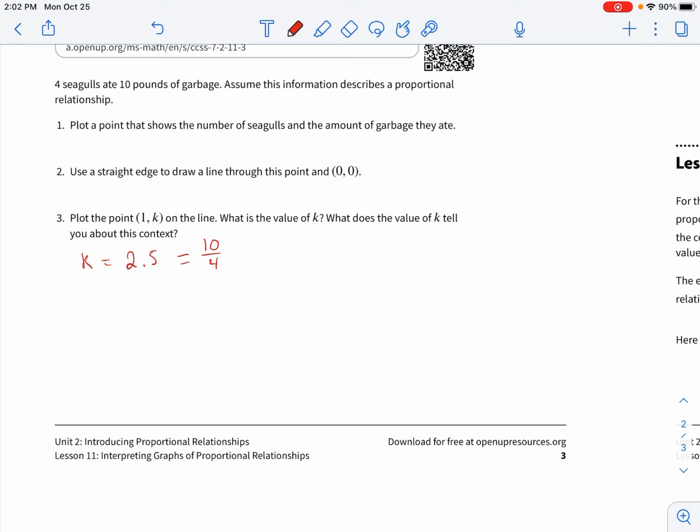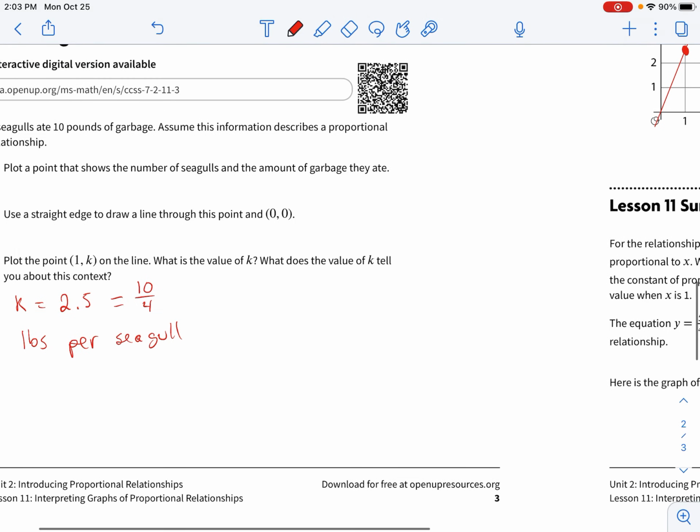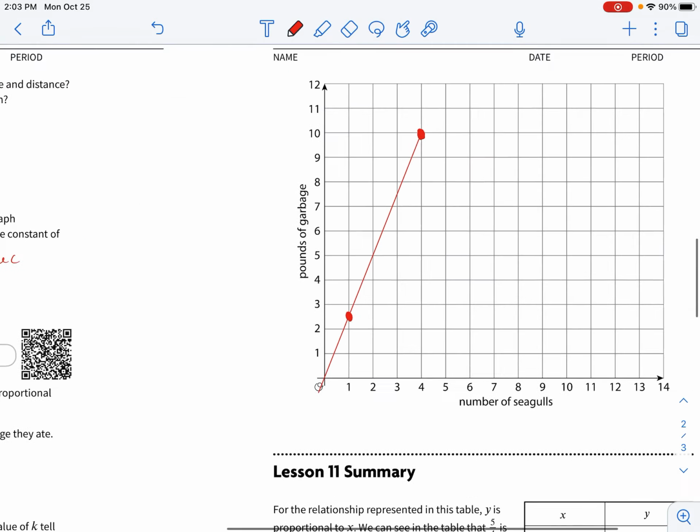So that's what our k represents in this context. It's the pounds per seagull, or pounds of garbage eaten by the seagull.